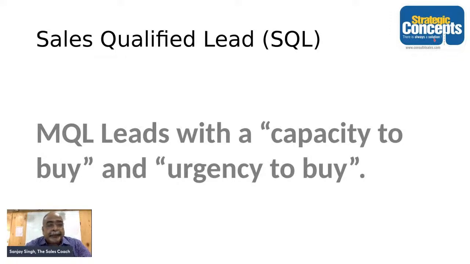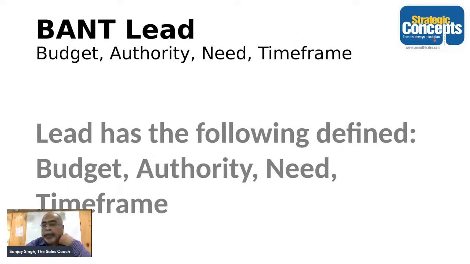All right. And then similarly, as we take it forward, the third quality of lead is called BAND lead. BAND is an acronym which stands for budget, authority, need, and time frame. So, if there's a sales lead where the budget is very clearly defined, if you're talking to the authority who can take a decision, if the need is framed and the time frame in which this has to be implemented, all four are decided, it is called a BAND lead.